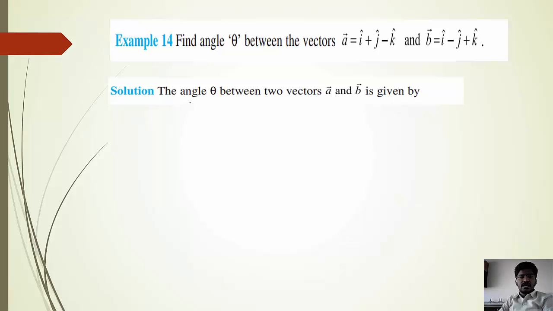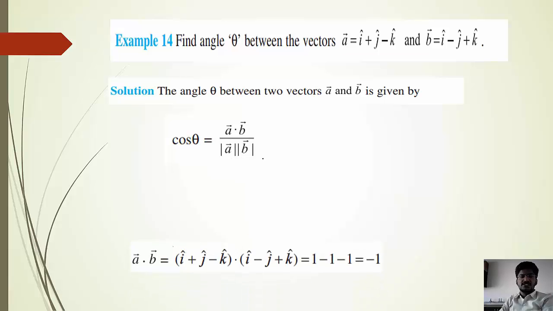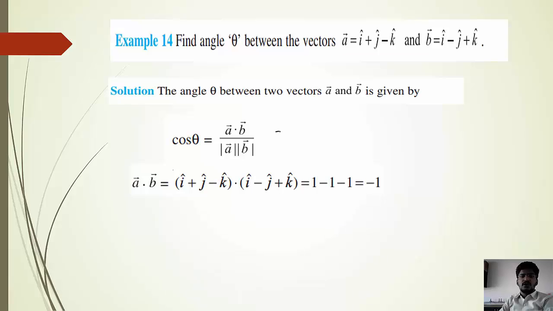Okay. The angle theta between two vectors A and B is given by the formula cos theta equal to vector A dot vector B divided by mod of vector A into mod of vector B. So theta is going to be equal to cos inverse of A dot B divided by mod of A into mod of B. Clear?